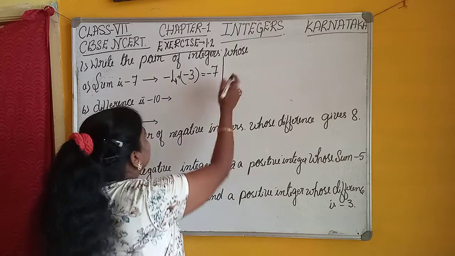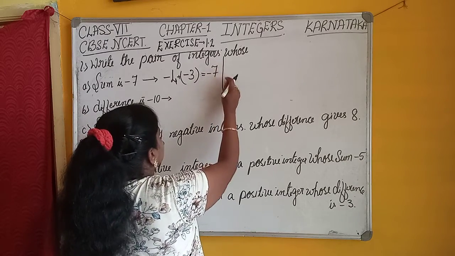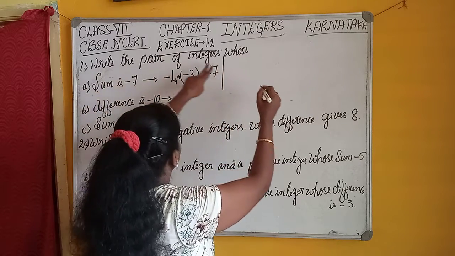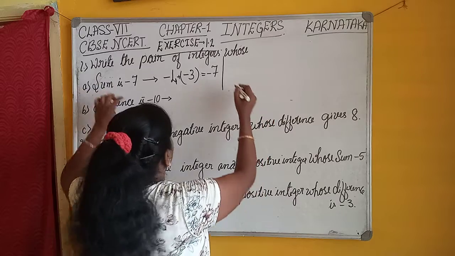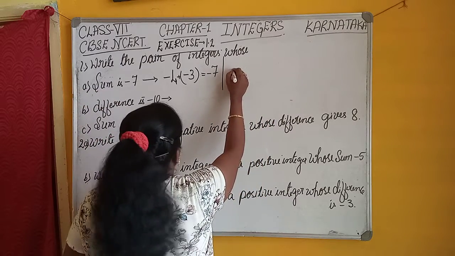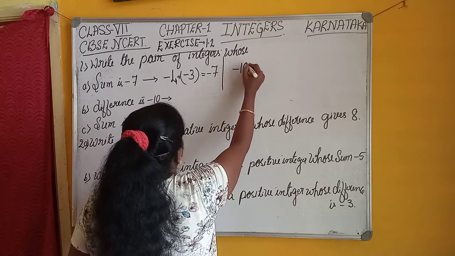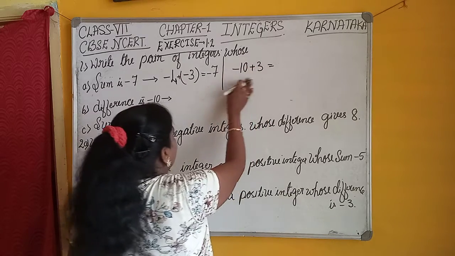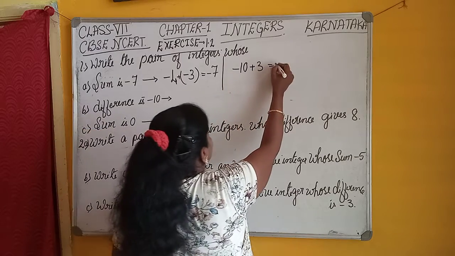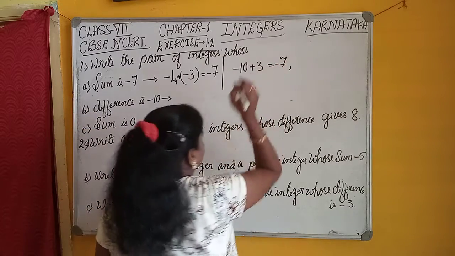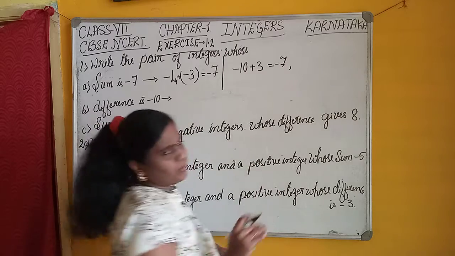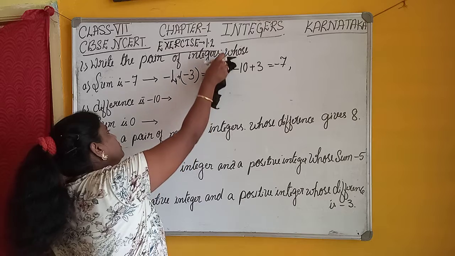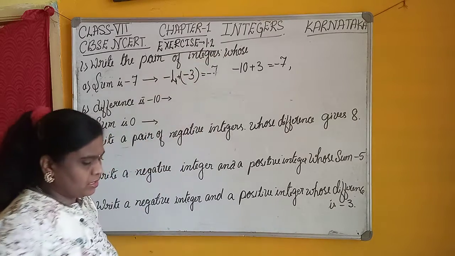Take one more example for -7. If you write a pair of integers whose sum should be -7, for example -10 plus 3, here also if you add these two numbers you will get -7. Like this, any number you can take, positive integers or negative integers.